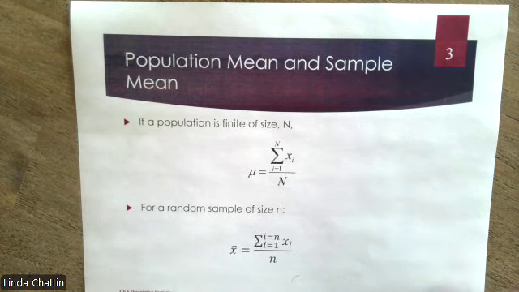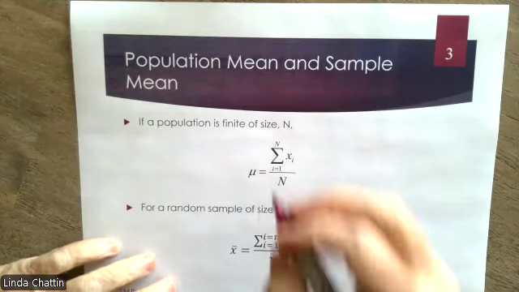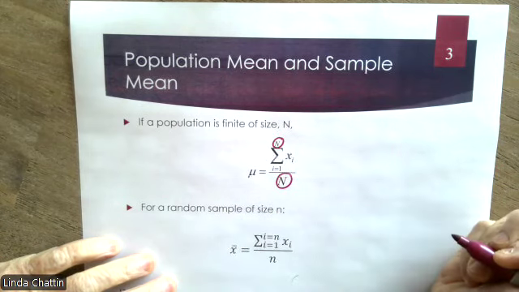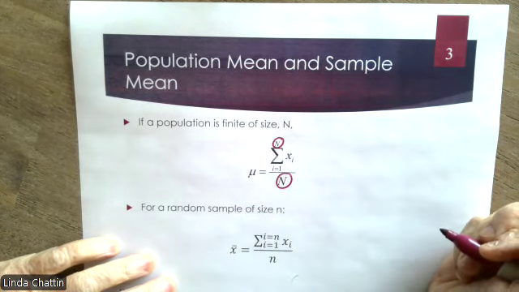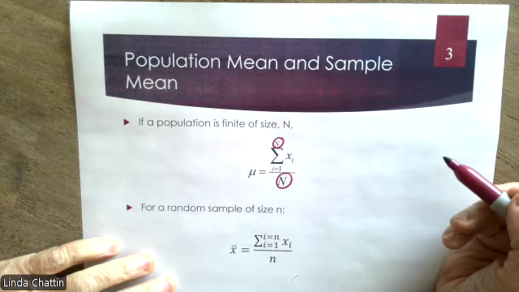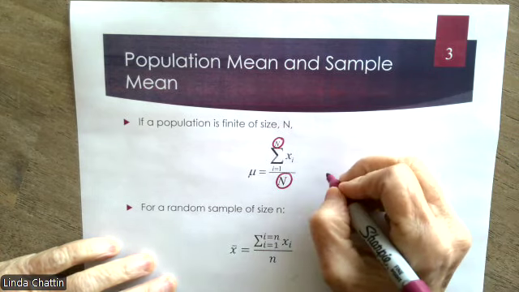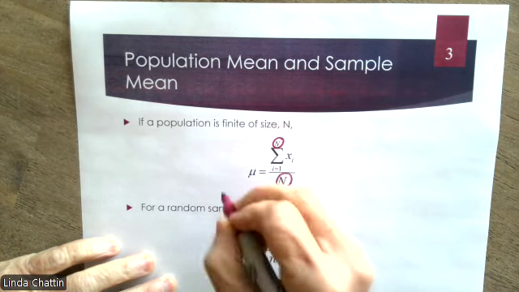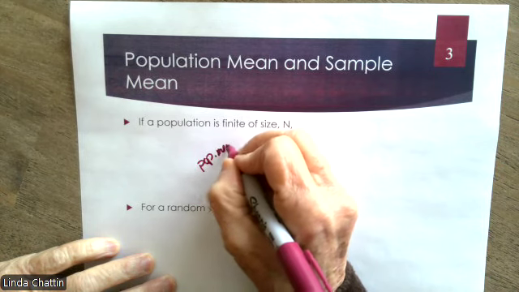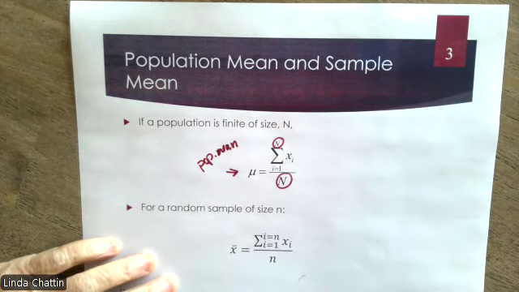So for the population mean, notice that we have a capital N here and a capital N here. That means that N is the total number of values in our finite population. Again, this is called the population mean, or just the mean as the book writes it.